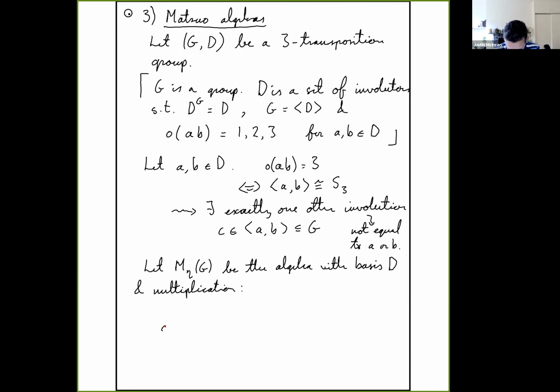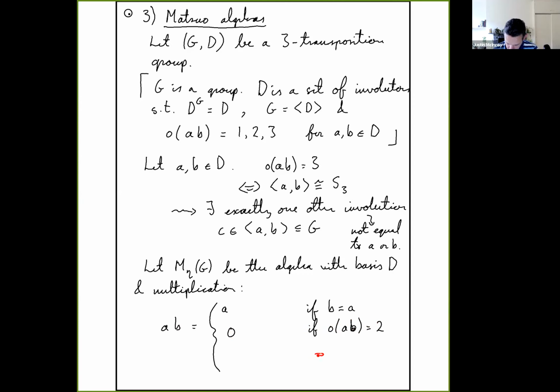So I take two elements and I multiply them. And what is this going to be? Well, if I multiply A with A, then I'm going to want to make this A. If I multiply A with some element B where the order of AB is 2, i.e. the two elements commute, I'm going to want to make this 0.